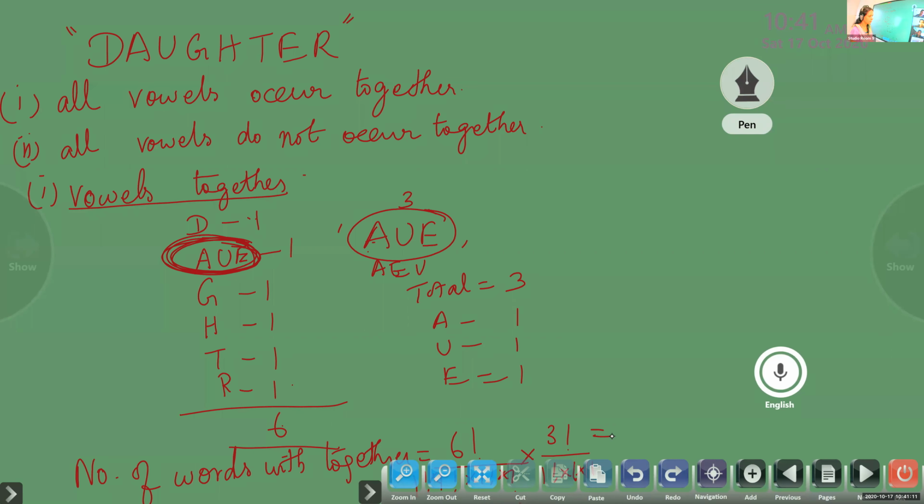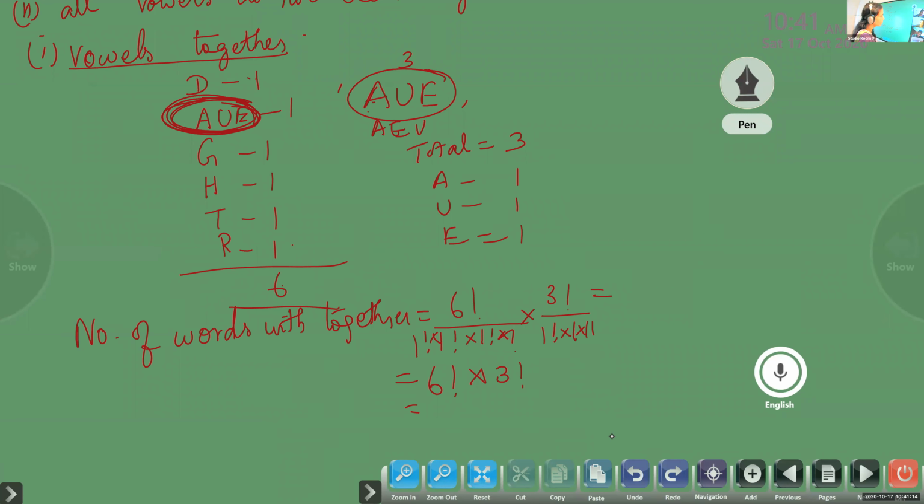So what is the answer? Multiply this and give the answer. What is 6 factorial into 3 factorial?